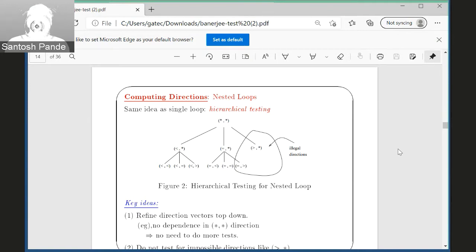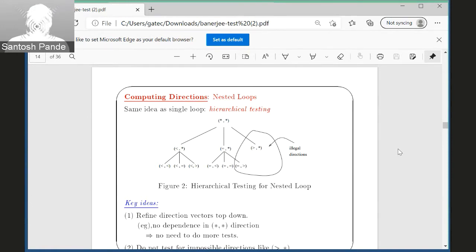And we test the rest of them in terms of testing for a specific dependence. Sometimes what we also do is we just test for star star. That means without assuming any dependence direction vector or any constraint on the underlying iteration space variables, we'll just test the dependence.